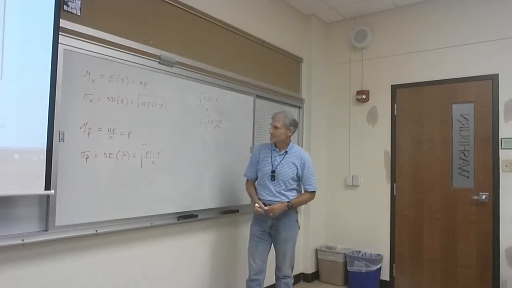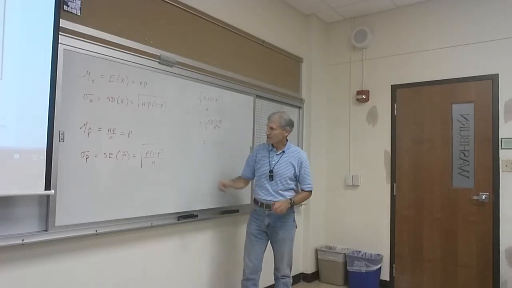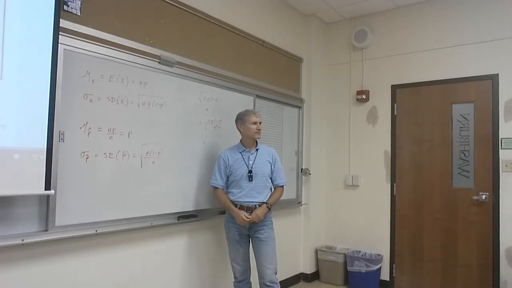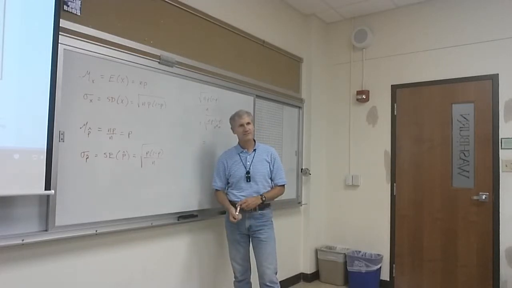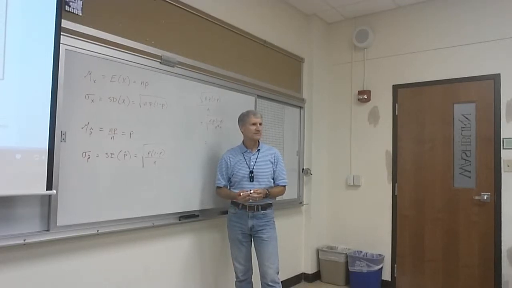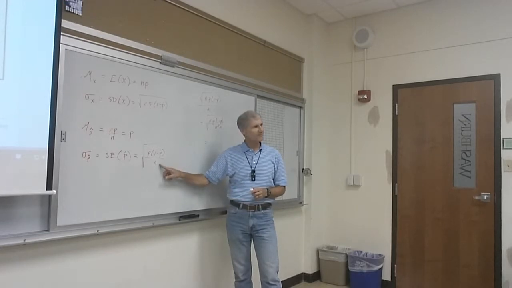All right? Now, just like when we did the standard error of x bar, there's an n on the bottom of the fraction. What does that do for us? That's a very good thing. What does it do for us? It lowers the value if we have big samples.